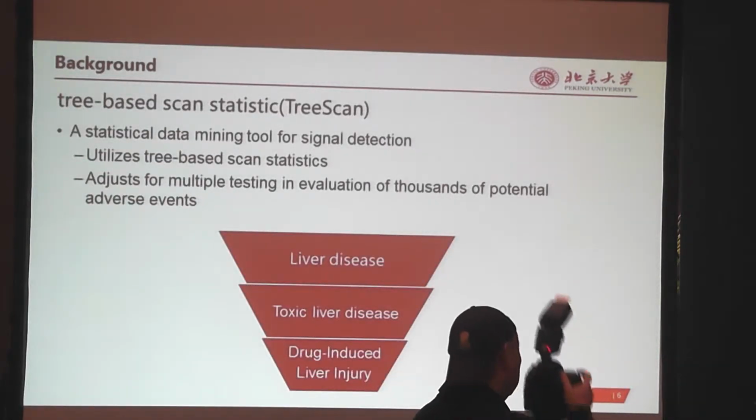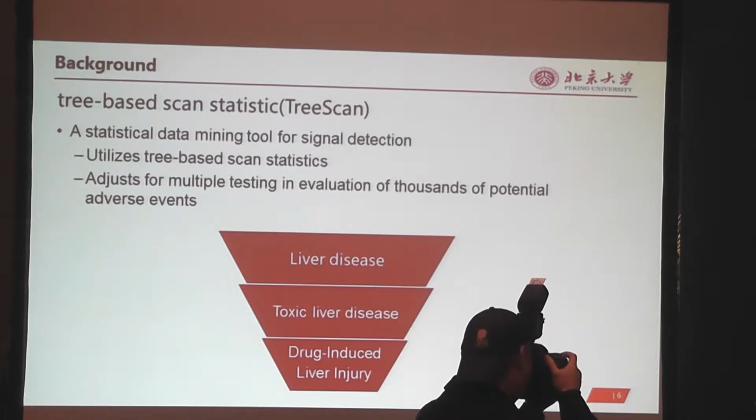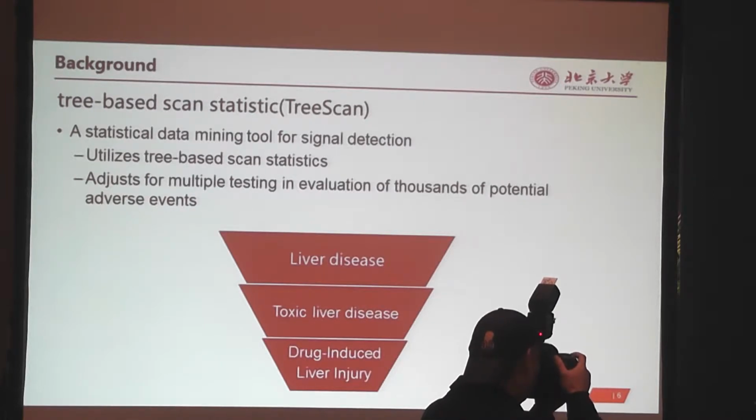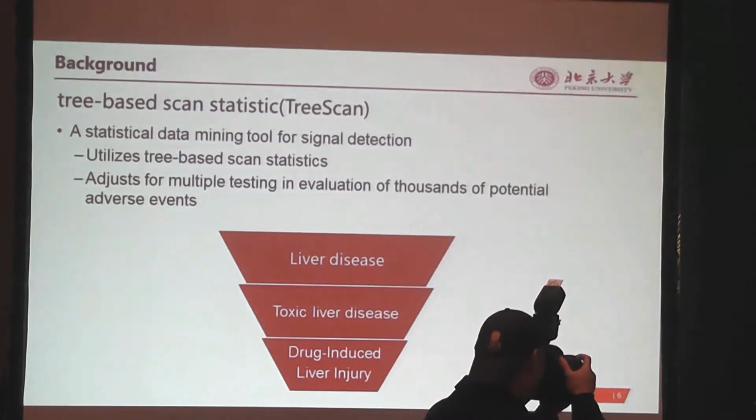So I'm going to talk about the methods. The tree-based scan statistic, which we used to call TreeScan, is a statistical data mining tool for signal detection. When we use data mining methods, it is difficult to decide a priori what level of specificity to use for the AE definitions.